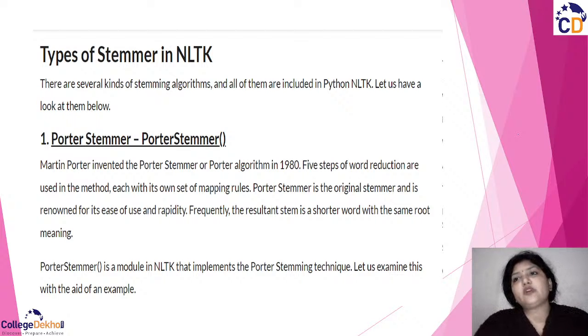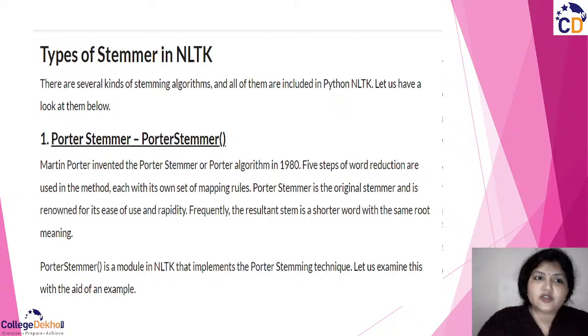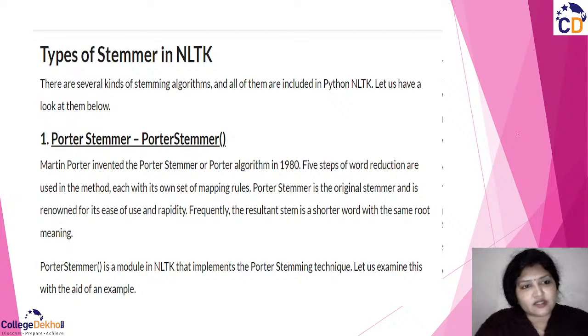Whenever we are talking about natural language processing in Python, we might be using the package NLTK, the Natural Language Toolkit. We might be using this library for different functions related to language processing.